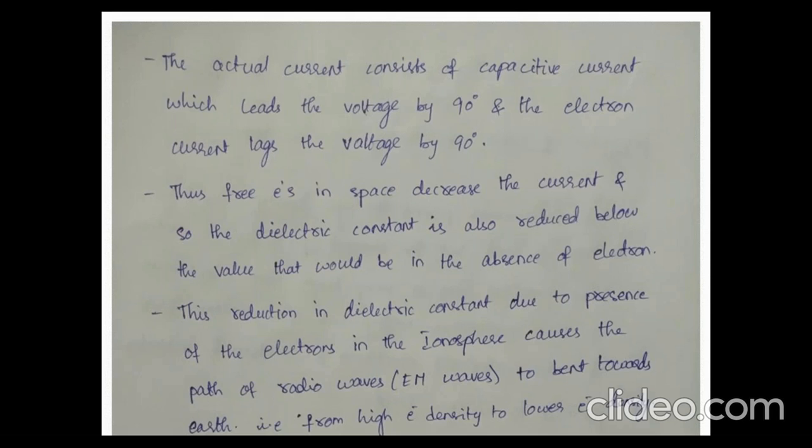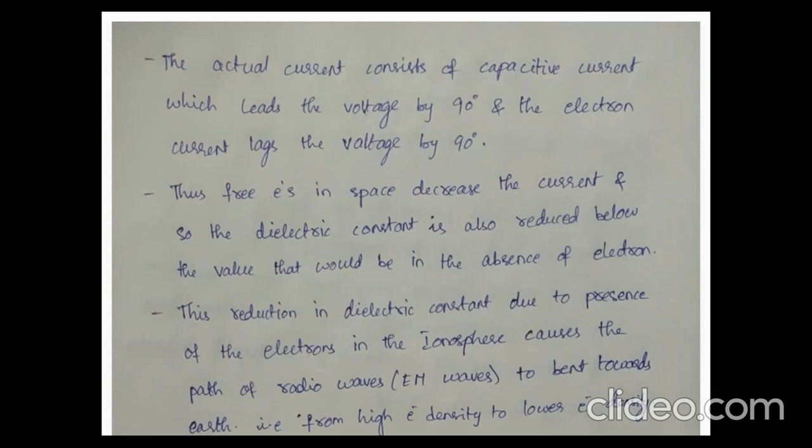This reduction in the dielectric constant, due to the presence of electrons in the ionosphere, makes the path of radio waves bend towards Earth. That is why we get the wave reflected back to Earth. Hope you understand.